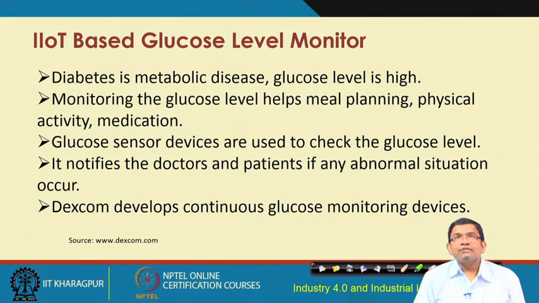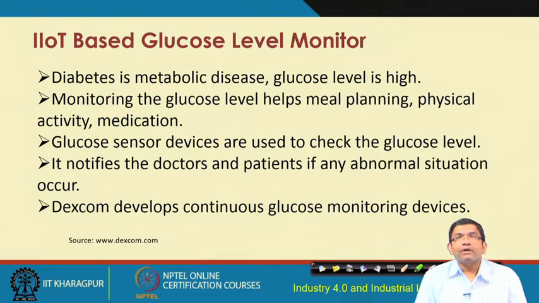Similarly, for glucose level monitoring, particularly for diabetes patients, they typically need to check the glucose level quite often, particularly the ones who have higher degrees of diabetes. They are required to check the blood sugar not continuously, but quite often.